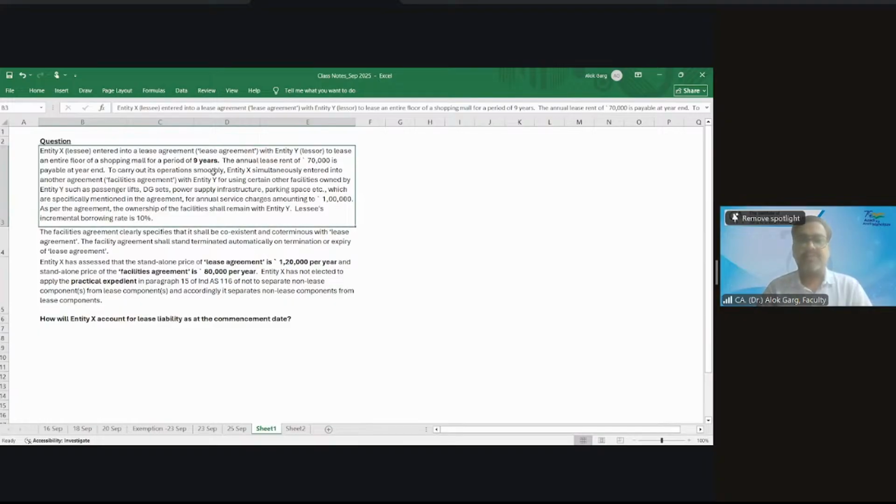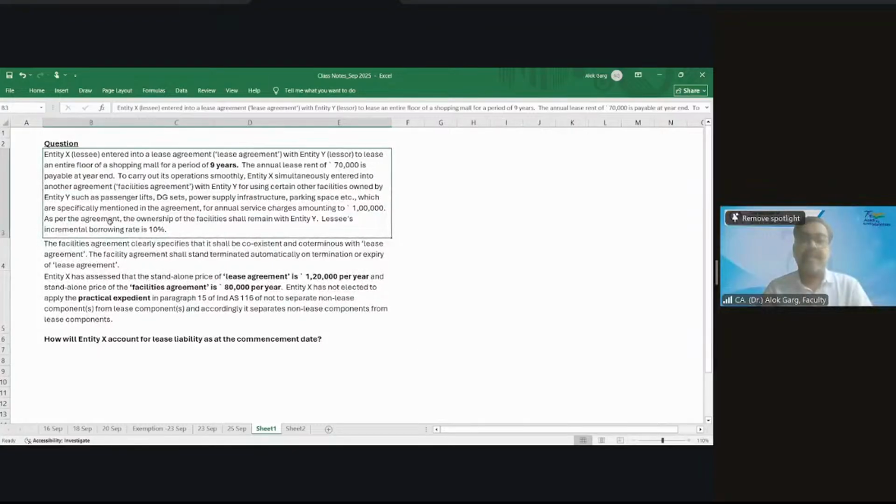To carry out its operations smoothly, entity X simultaneously entered into another agreement, a facilities agreement, with entity Y for using certain other facilities owned by entity Y, such as passenger lifts, DG sets, power supply infra, parking space, etc., which are specifically mentioned in the agreement, for annual service charges amounting to rupees 1 lakh. As per the agreement, the ownership of the facilities shall remain with entity Y.